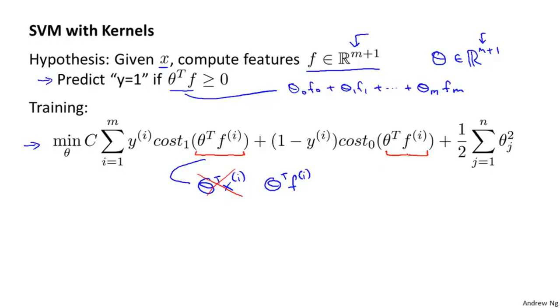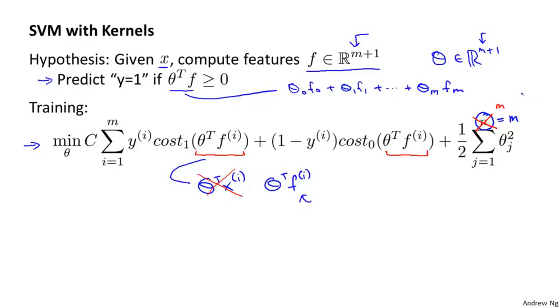And one last detail is that for this optimization problem, we really have n equals m features. That is, the effective number of features we have is the dimension of f, so n is actually going to be equal to m. So you can think of this as a sum from j equals 1 through m.